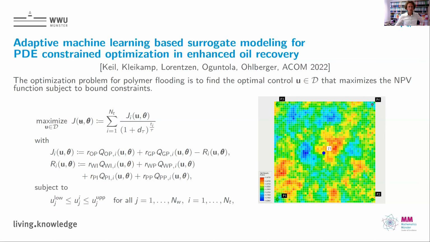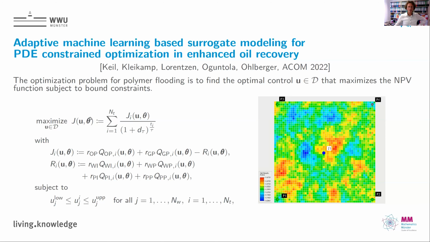U is now the value that you want to optimize on. So this is the pumping rates. The control is U, and theta is additionally the uncertainty in the problem, because you have these configurations of the subsoil not in a deterministic way, but just in a stochastic way.